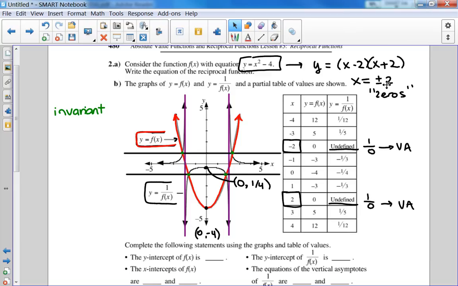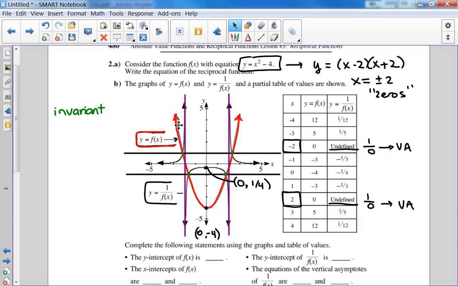Let's start with x value -2. So put my cursor here. So let's follow the red graph. What's happening to the red graph as x gets really small? This red graph is continuing to grow forever, right? So what would you expect of the reciprocal graph?